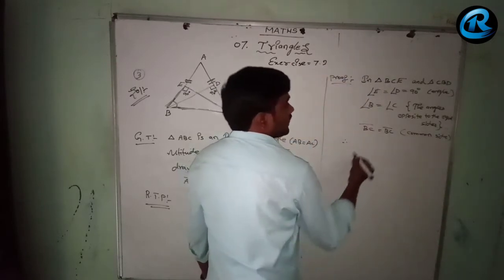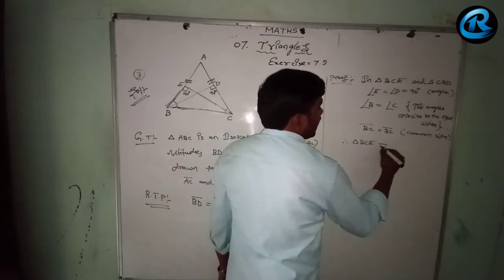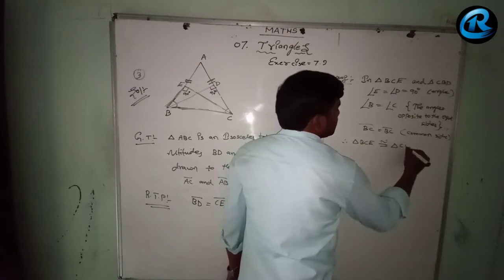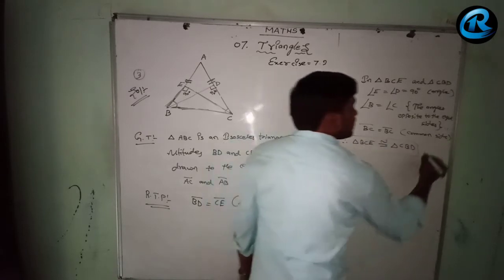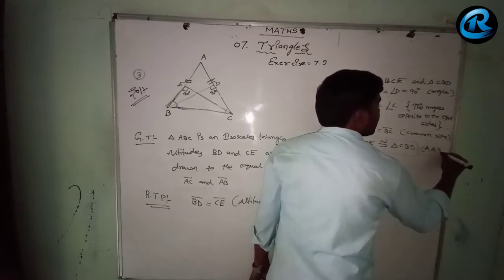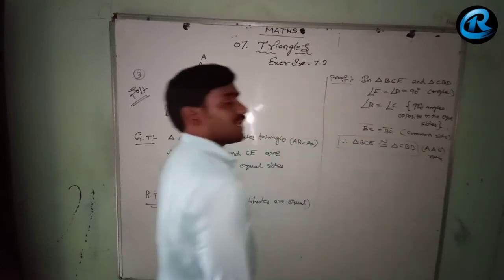Now, therefore, we can say that triangle BCE is congruent to triangle CBD. These two triangles are congruent by the angle side rule.